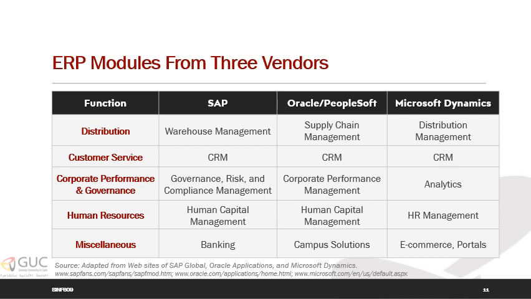They also include functionality to optimize business operations and resources to extend best practices to the entire value chain. In this table, a high-level overview of the usual modules provided by major ERP vendors is shown. Next, we will explain a brief overview of some of these ERP modules.